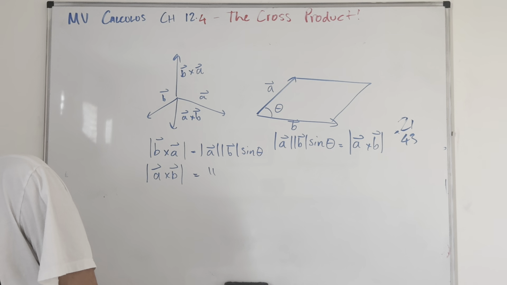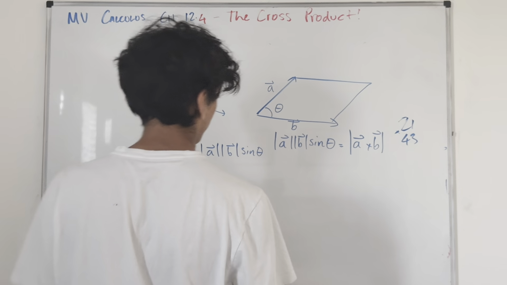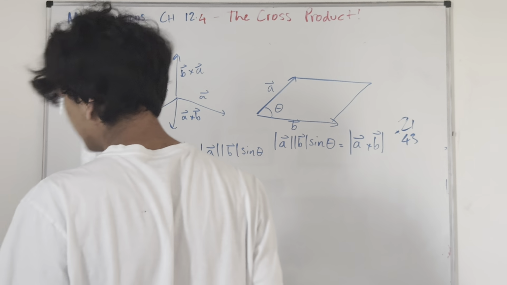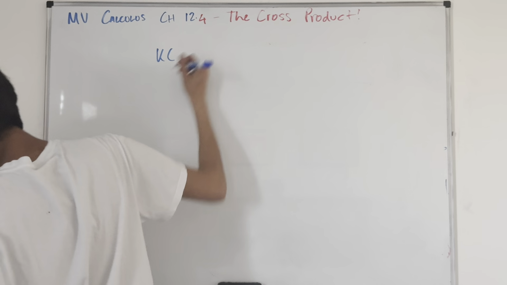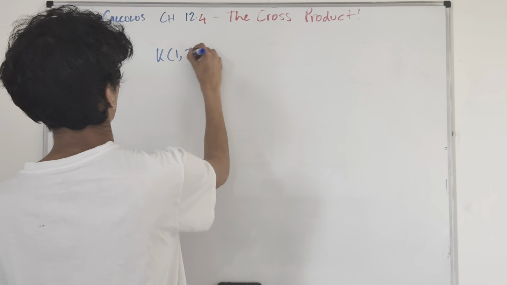So, should I do an example? Let's do an example. Why not? So from my note sheet, let's say I have a parallelogram with vertex K, which is (1, 2, 3).